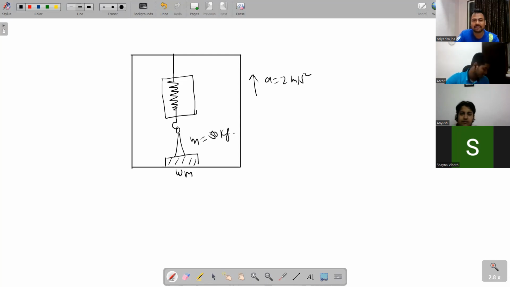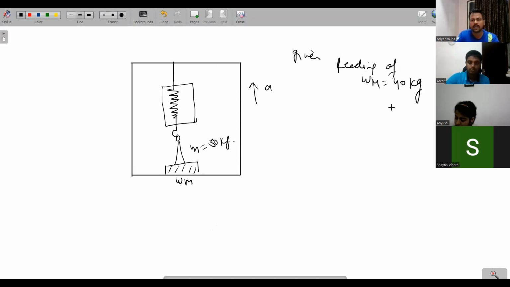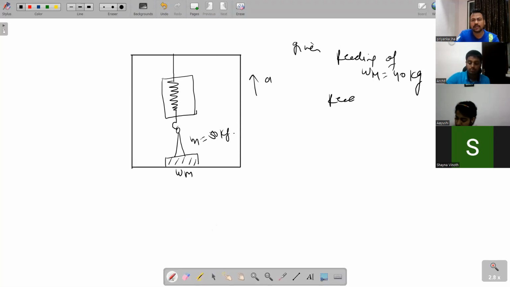The acceleration is not given. With some acceleration, this lift is going. What is given is a reading of the weighing machine, that is 40 kg, and a reading of the spring balance, 20 kg. You have to find the acceleration of the lift. Just try this.